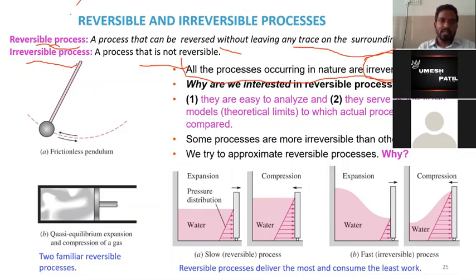Because in nature we cannot have a reversible process, still we are studying it. The reason is these processes are easy to analyze. Easy to analyze in the sense that reversible processes are ideal processes.